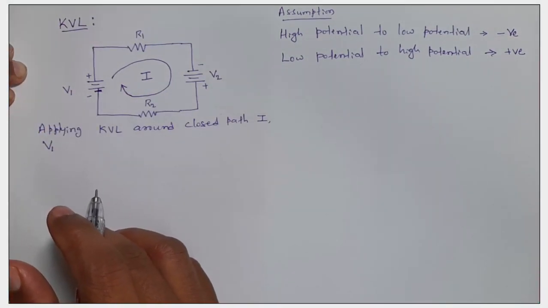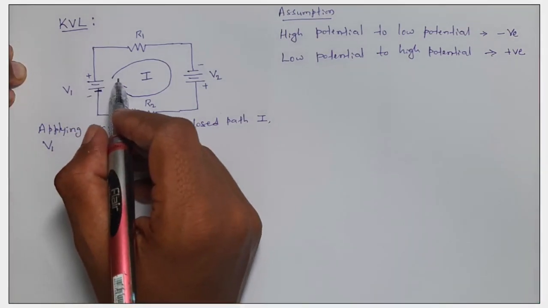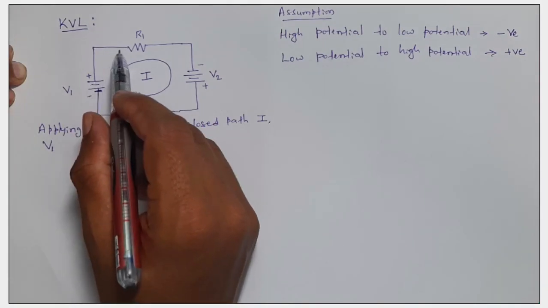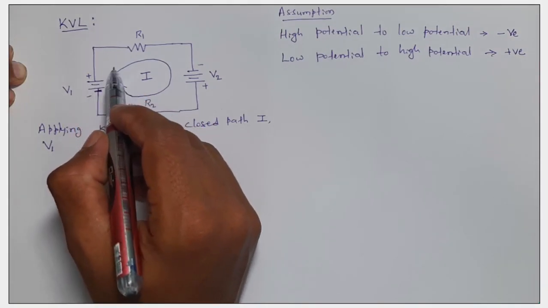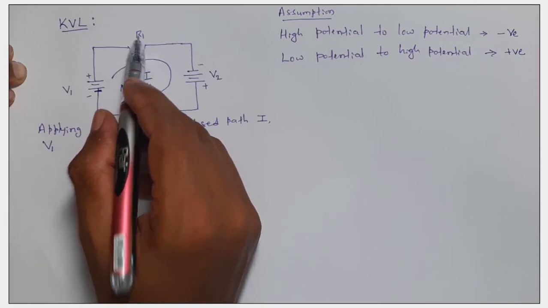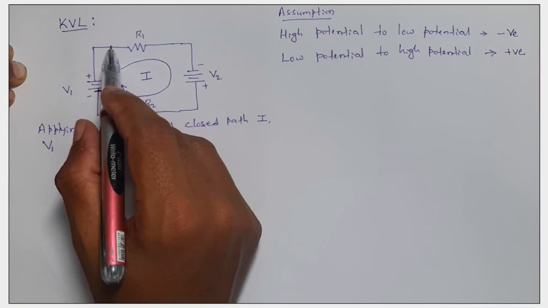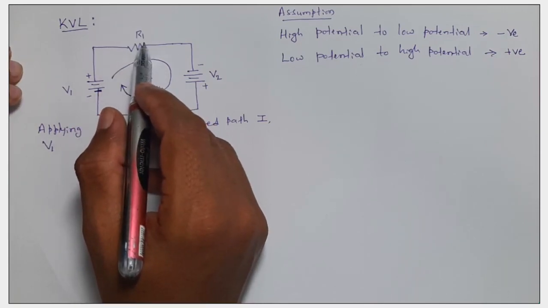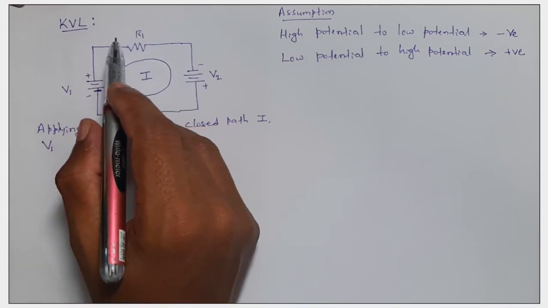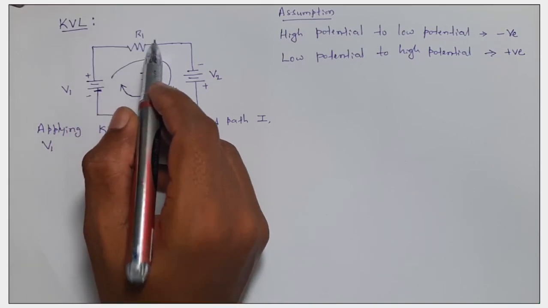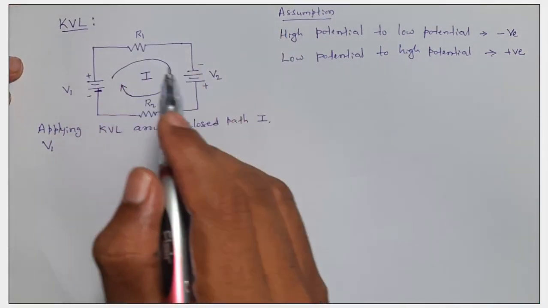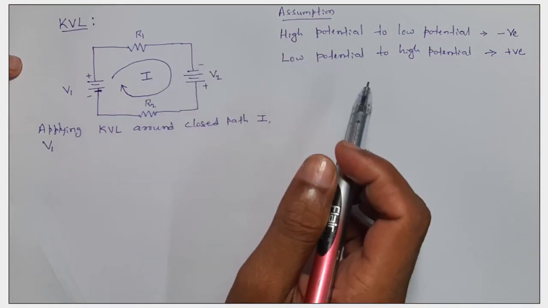Now a very important thing here is, when I traverse the loop like this, the second element that I come across is R1. But how to find the signs of this terminal, means the potential, whether this is at higher potential or lower potential? Dear students, remember one thing, current always flows from high potential to low potential.